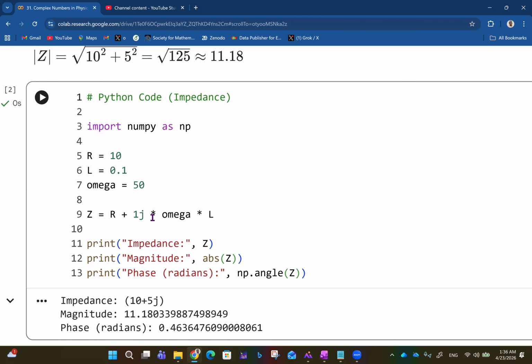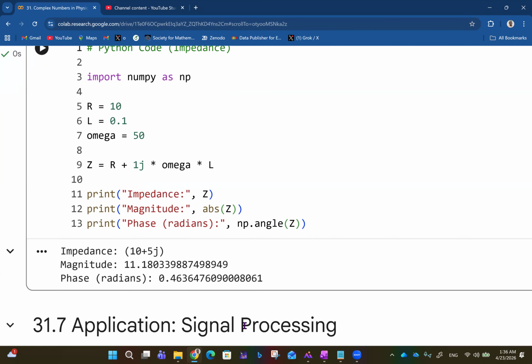So Z is R plus the complex part, I omega L, and then you get impedance to be 10 plus 5j, you get the magnitude to be 11.18, and then you get the phase in radians to be 0.46. The way to extract that, you get the angle of Z here, that's 0.4636 and so on.